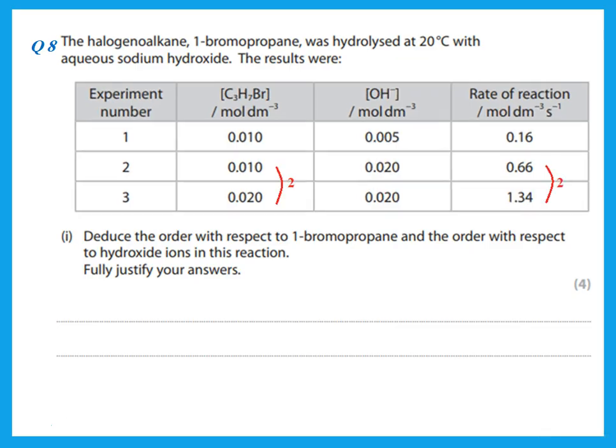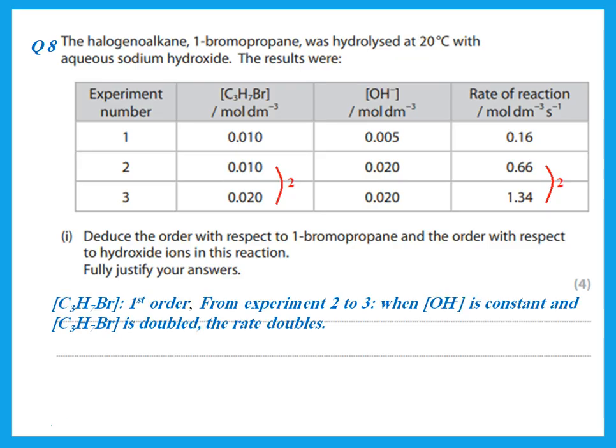If I look at experiment 2 to 3, the concentration of the bromopropane is doubling. What is happening to the rate? Doubling. So it's first order. And I explain which experiments, what is happening. The others are constant, hydroxide is constant, and the bromopropane doubles, the rate doubles.